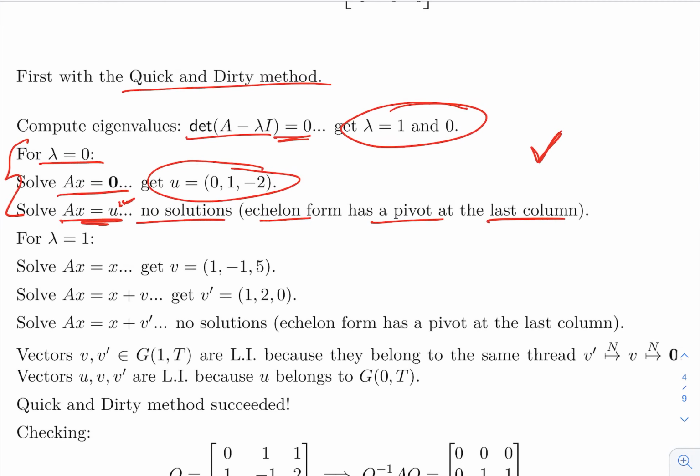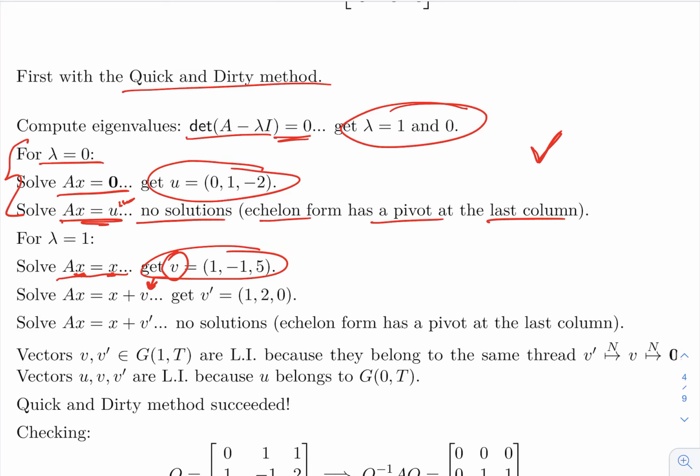So we first solve Ax equals x. What is this? We're actually finding eigenvectors, and we get an eigenvector. And now we take the solution of this equation. X here is the variable in the equation, but the solution we called v, and then we put this v here.